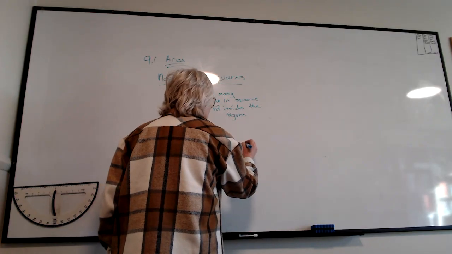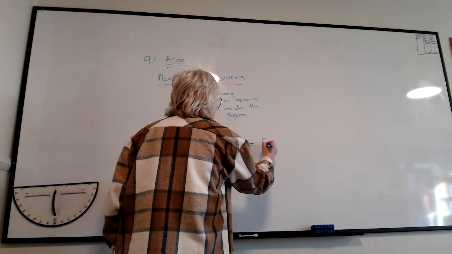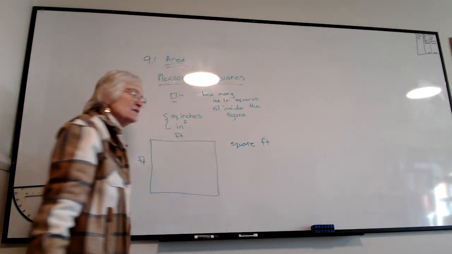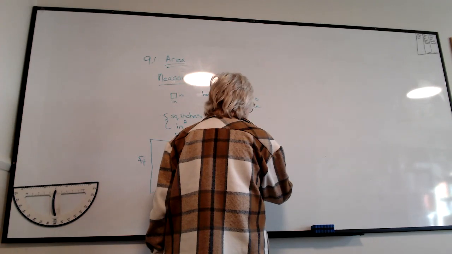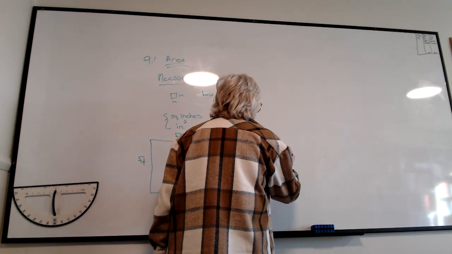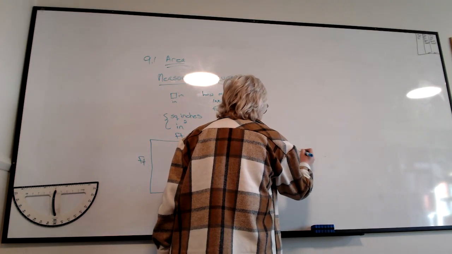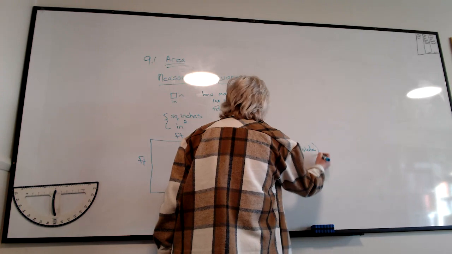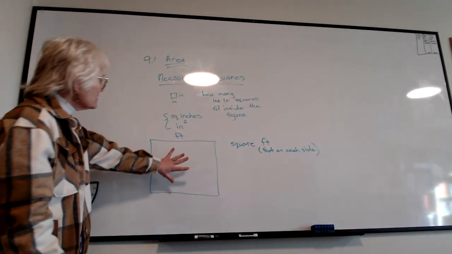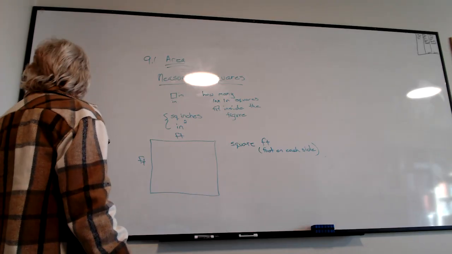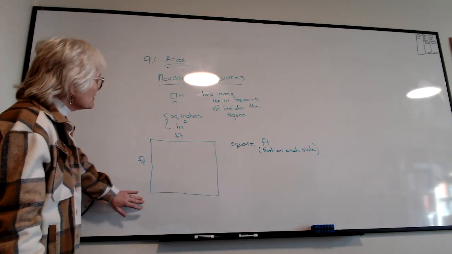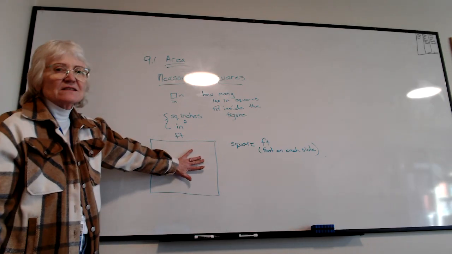It's a square shape, the length of a foot on each side. So if I'm asking how many square feet are in there, I'm asking how many of these, it's actually a little larger than that, but how many of these square feet would fit inside?